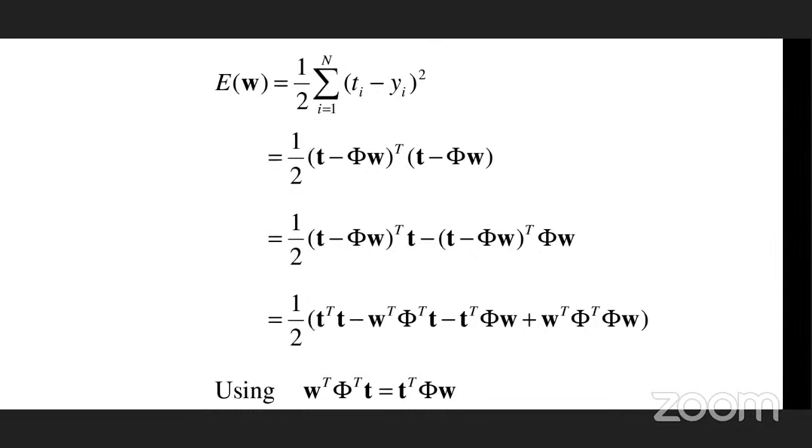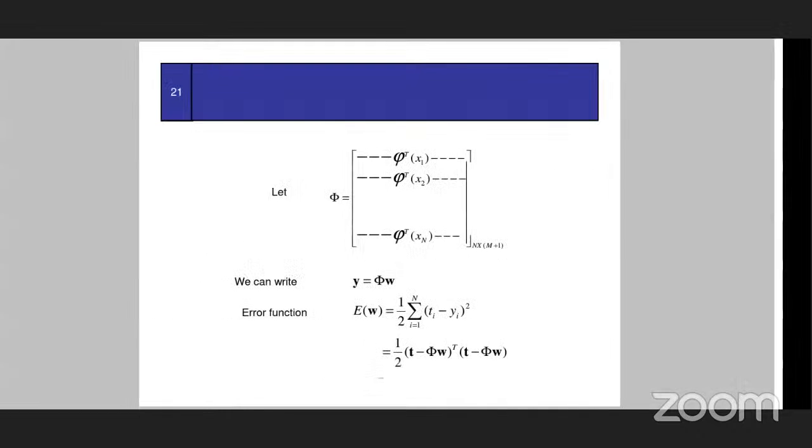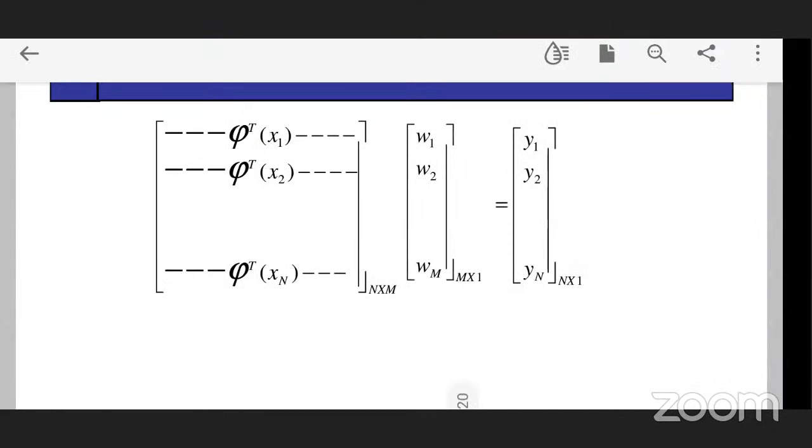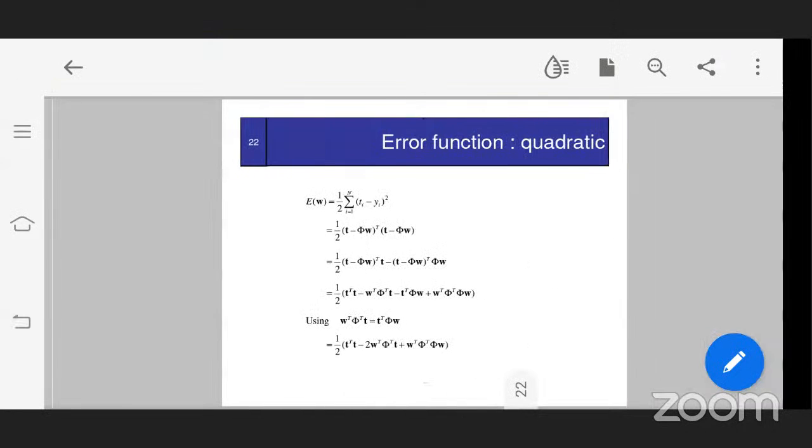So I come here. Now my error is a function of the vector w: half summation i equal to 1 to n of ti minus yi whole squared. This is half of t vector minus phi w. Phi is a matrix, please remember. Then phi w transpose t minus phi w.